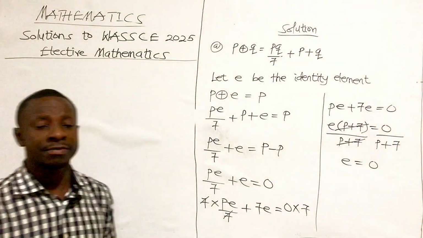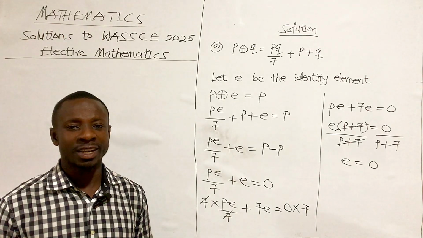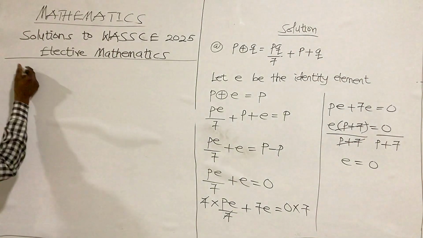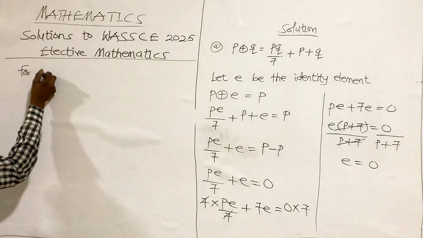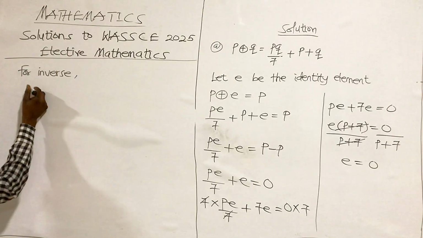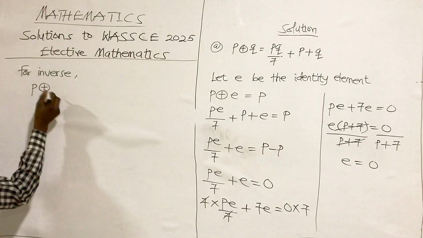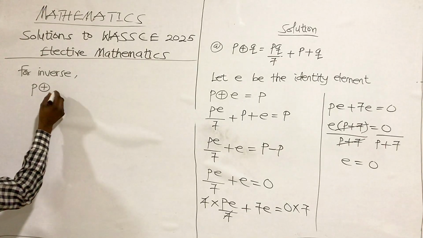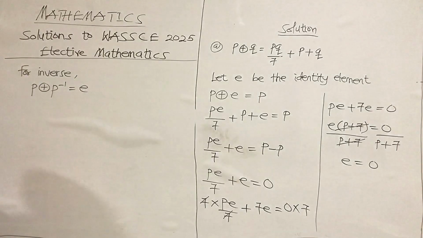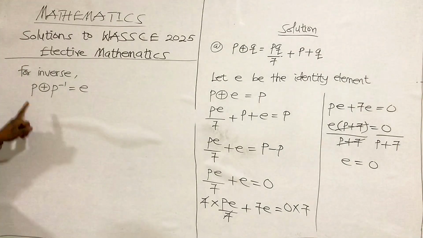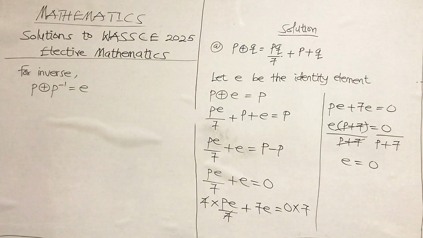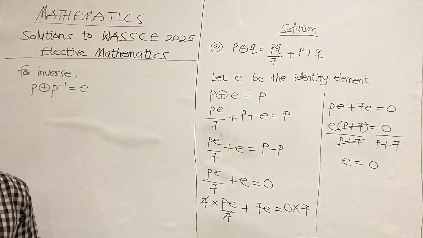Since we have the identity element, we can now get the inverse. For the inverse, P circle plus P inverse is always equal to the identity element. P circle plus the inverse of P is always equal to the identity element.